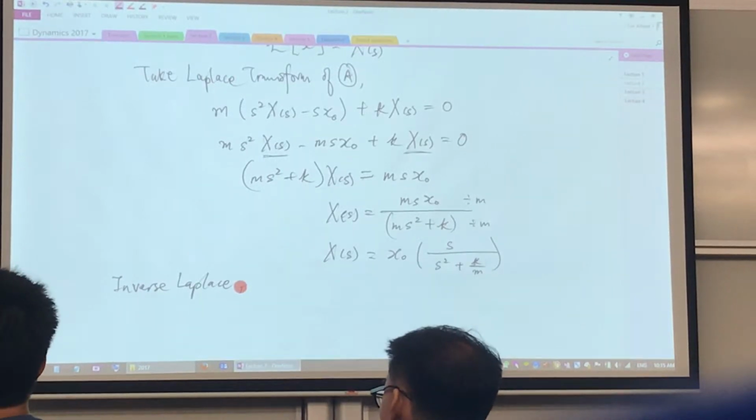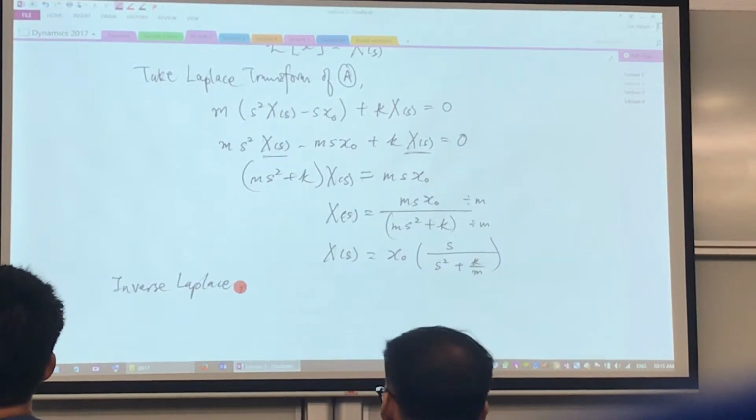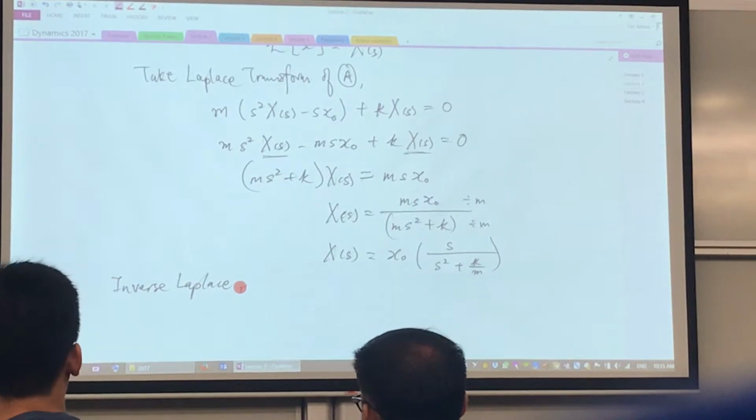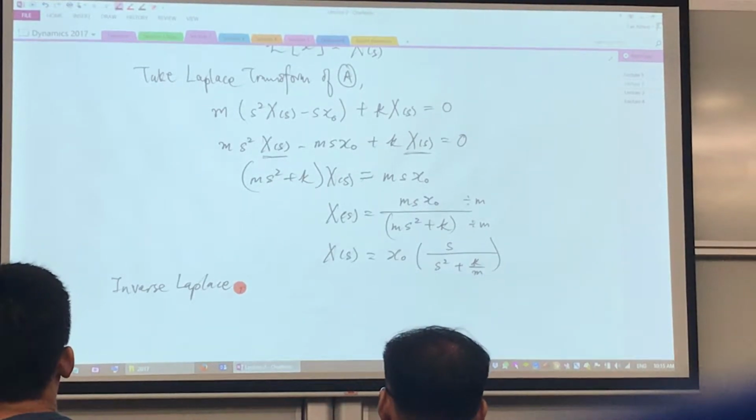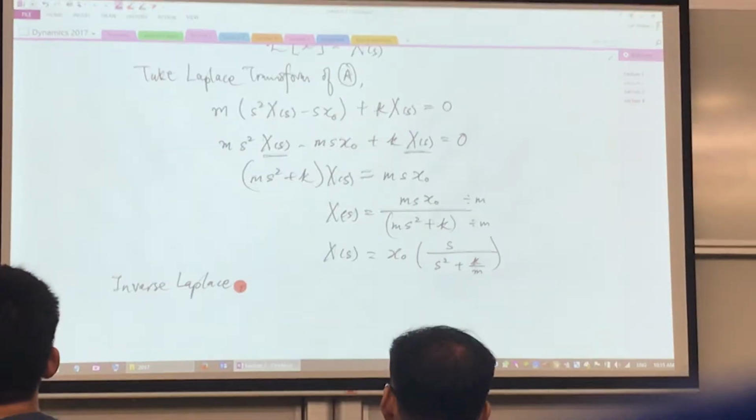Cosine? Yes, very similar: s over s squared plus, instead of omega, it is written as k over m, which is the square root. So it should be that omega squared is equal to k over m.